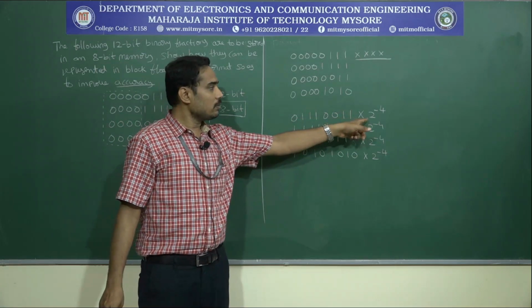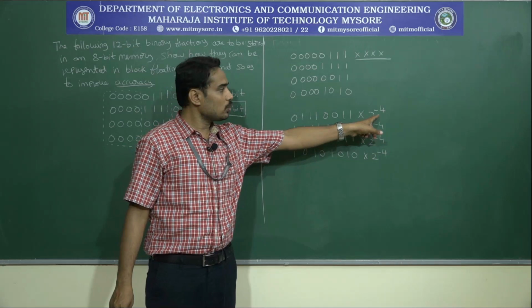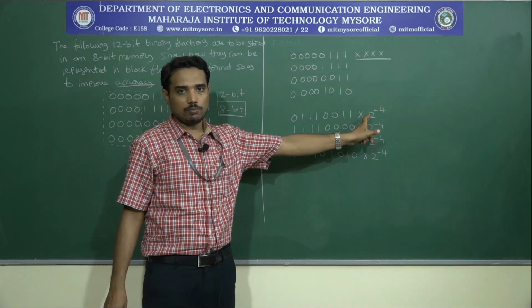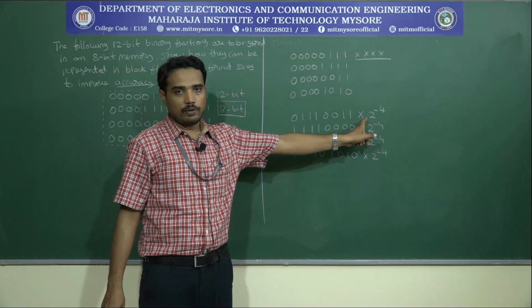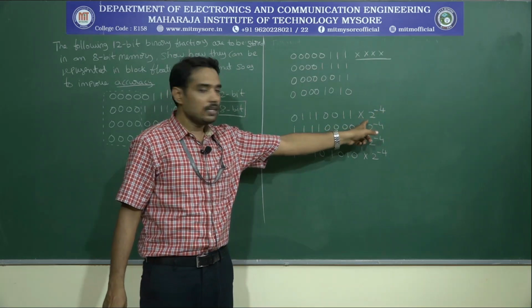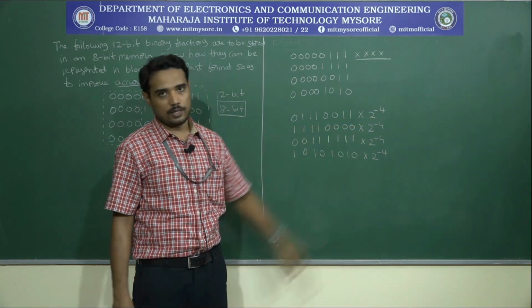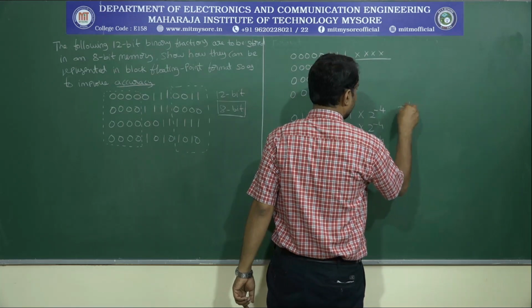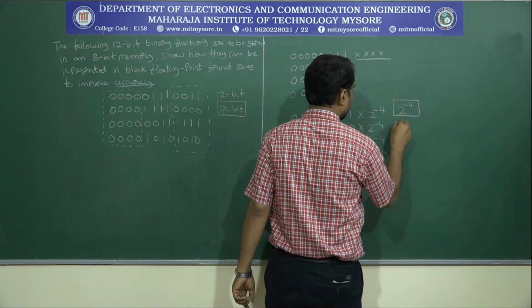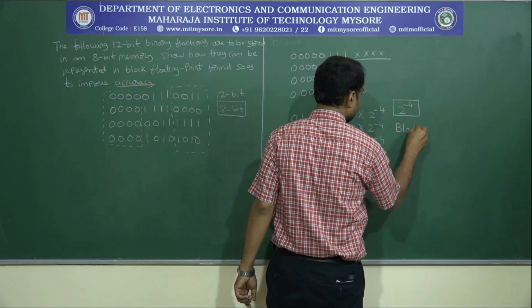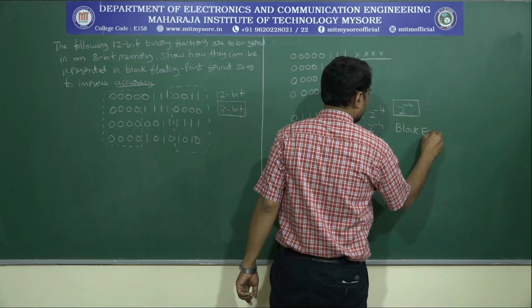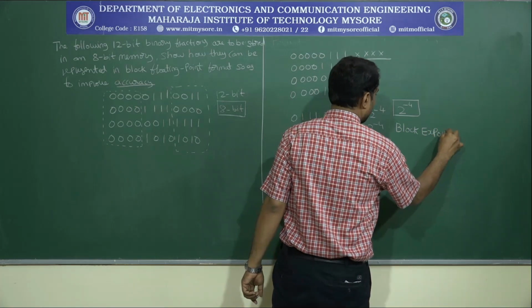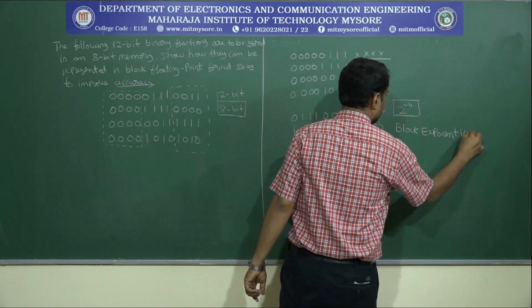With this, I have to multiply the value by 2 to the power minus 4. This is the block exponent value. That 2 to the power minus 4 is the block exponent value. This is very important.